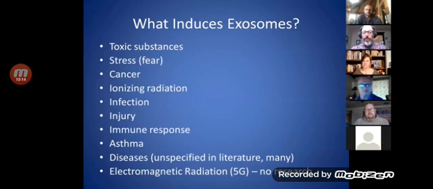Now, I really wanted to find evidence that EMF would induce exosomes, but unfortunately I could not find a paper on this. But I want to say to all of the people in this field of research on exosomes that this would be an excellent contribution to the literature if you were to look at this issue, especially whether microwave radiation like 5G would cause this as well.